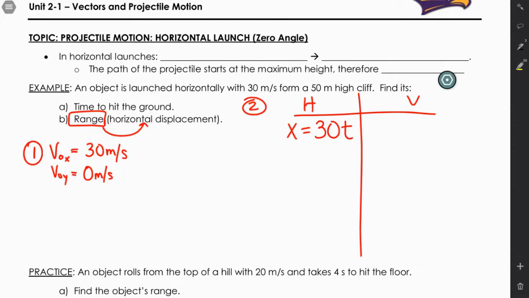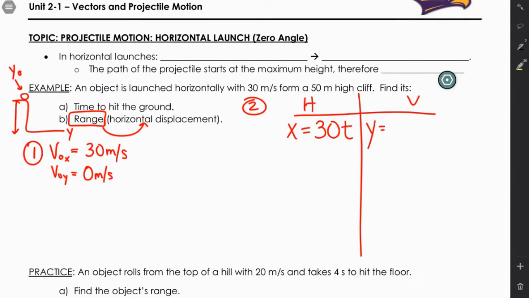And then I'm going to write the other one, y equals. Since this is a cliff problem, you have two options. You can call the point up here y0 and call this y, or you can call the ground 0 and then where it comes from y0.